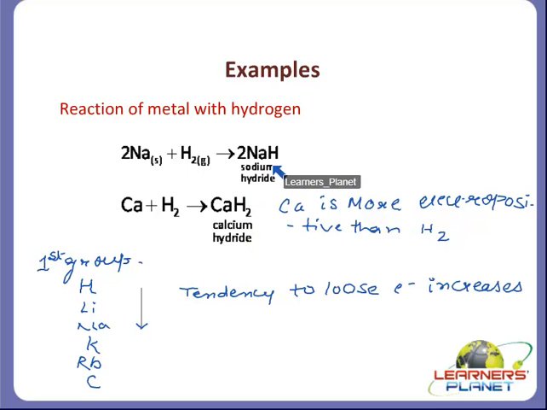So in sodium hydride, what is the charge on hydrogen? -1. In calcium hydride, what is the charge? -1. In calcium it is +2. So if I write the charges on calcium hydride, it is Ca2+ and 2H-. Clear, children? So in metal hydrides, hydrogen is present as a negative ion.